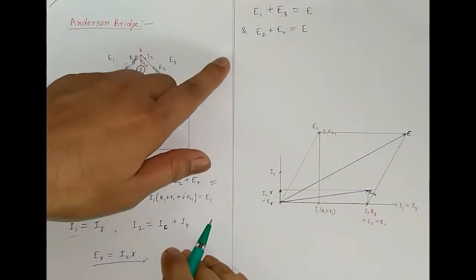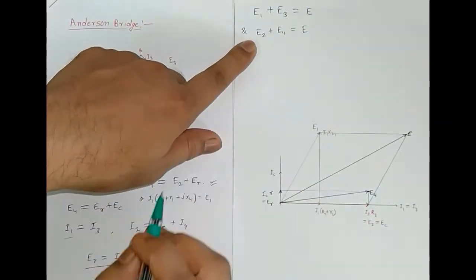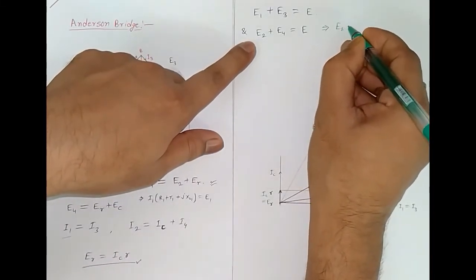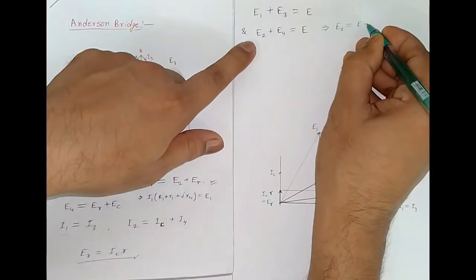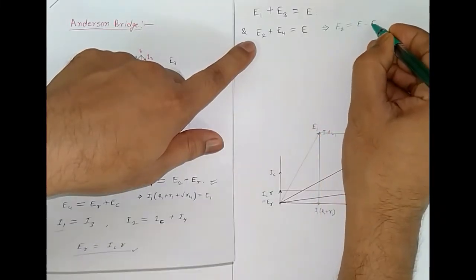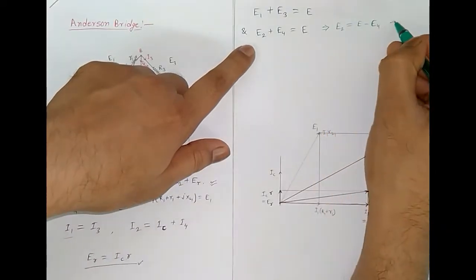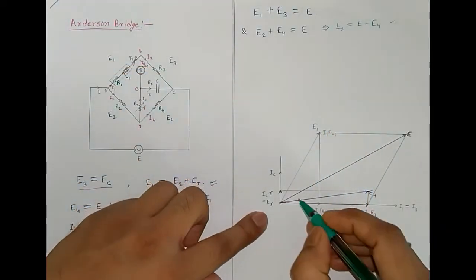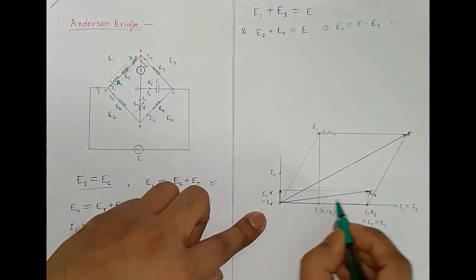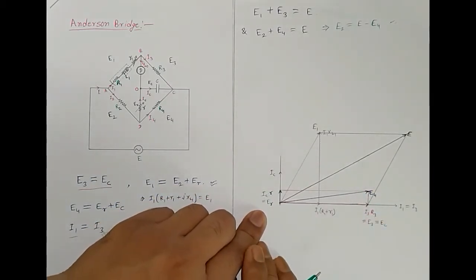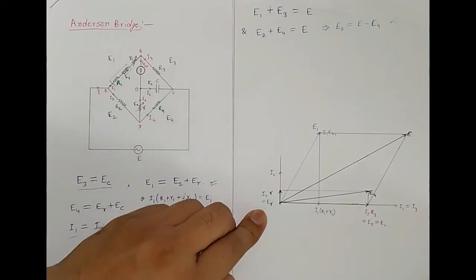Now we also know that E2 plus E4 equals E. That implies E2 equals E minus E4. Here we know E and E4, and we have already drawn them. So E2 will be what?